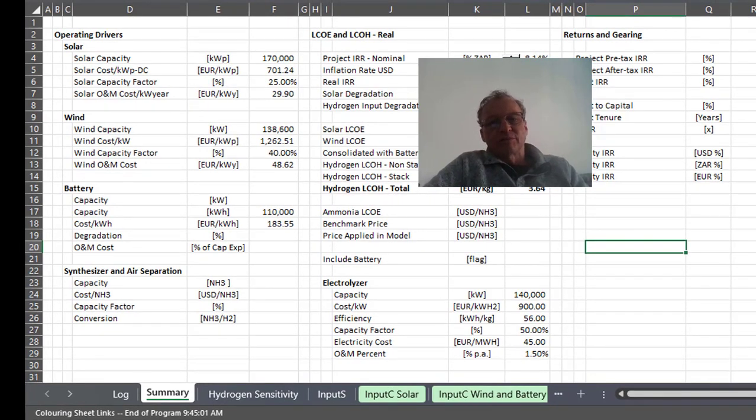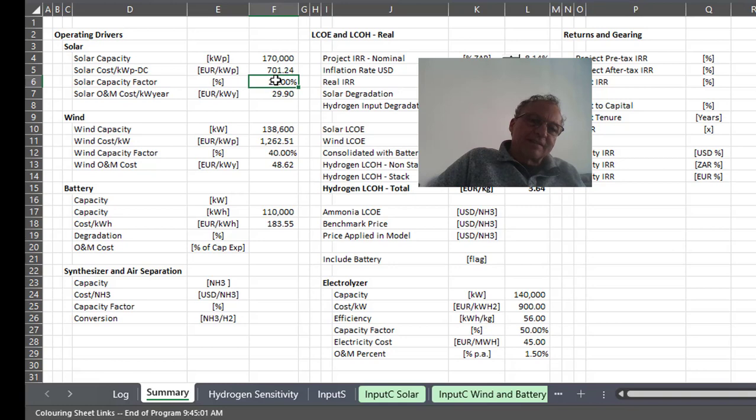What kind of cost could we get when we put all of these together? And the issue is to do this in some kind of crude way. Perhaps you use PVsyst or something like that and could get hourly data even. You could go to your wind analysis and try to get hourly wind data. But let's just say we have the same capacity factor.